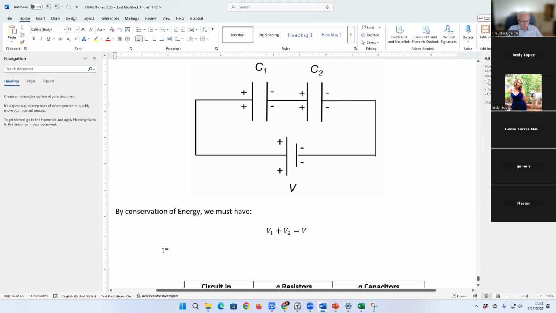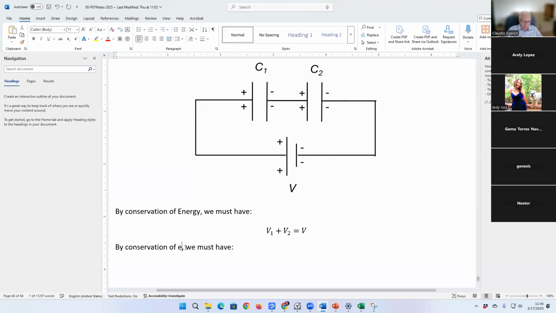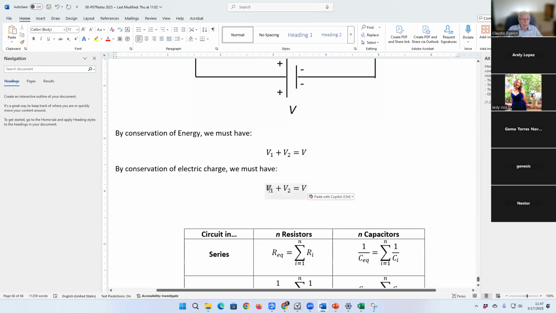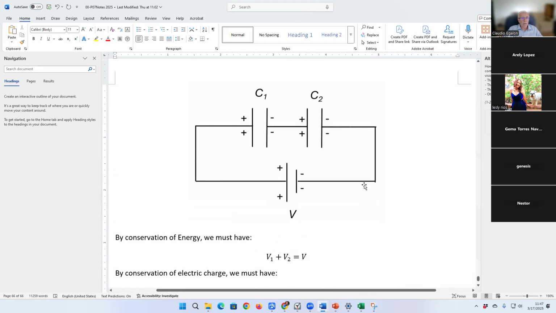And by conservation of electric charge, we must have Q1 equal to Q2. Q1 equal to Q2.